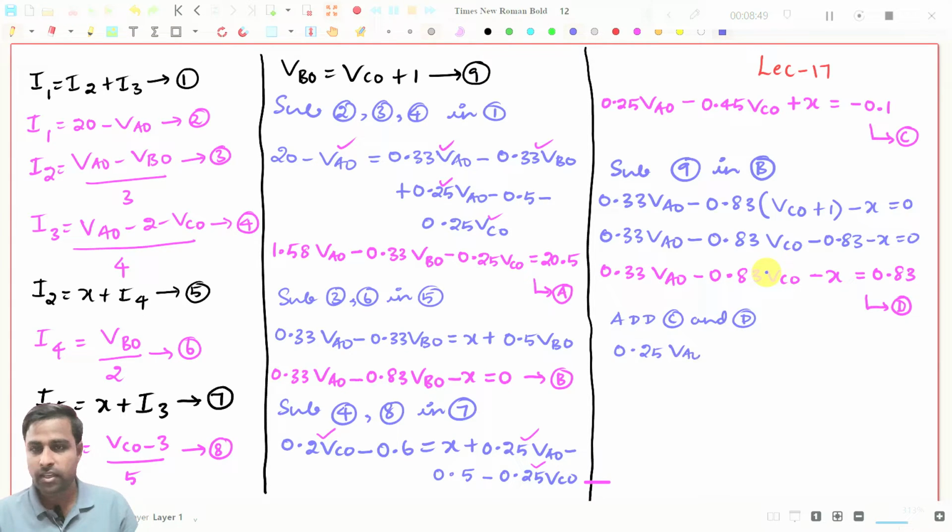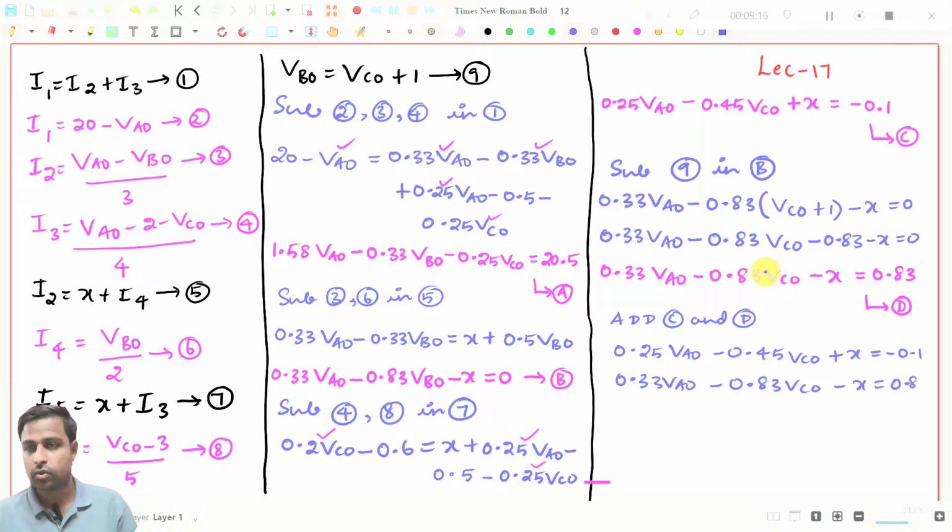What we can do? 0.25 VAO minus 0.45 VCO plus x will be equal to minus 0.1. So here you will get 0.33 VAO minus 0.83 VCO minus x will be equal to what? 0.83.